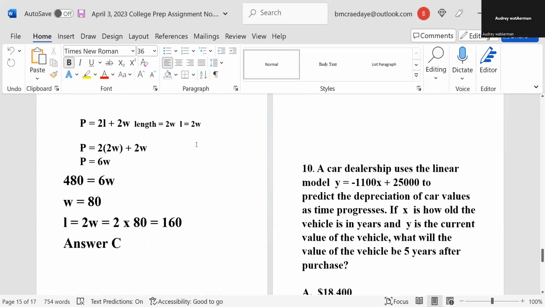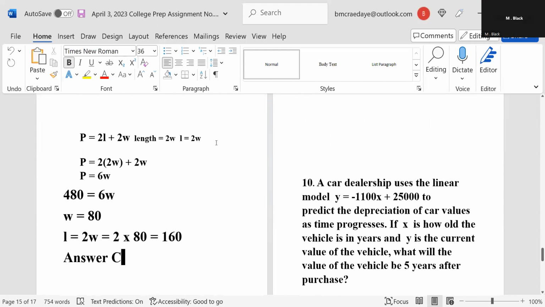Does that mean 160 is one side of the rectangle? 160 is the length and the width is 80. I'm saying one side. Remember, the rectangle has two sides. Well, what is two lengths? Two lengths would be 320. Two widths would be 160. And 160 and 320 add up to 480. That's the perimeter.